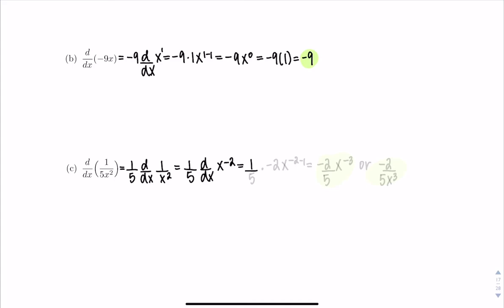And so we got 1/5 times negative 2, x to the negative 2 minus 1, or what we really have is negative 2/5, x to the negative 3, or we can write that as negative 2 over 5, x cubed.